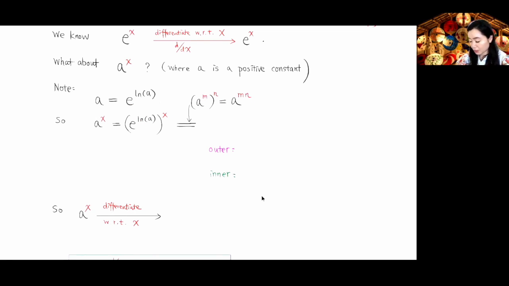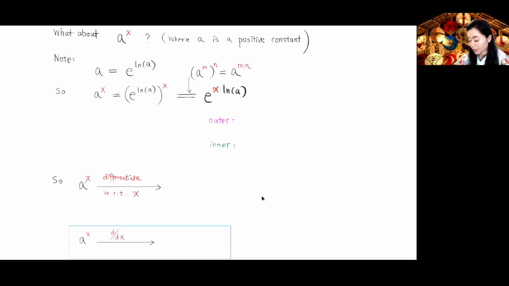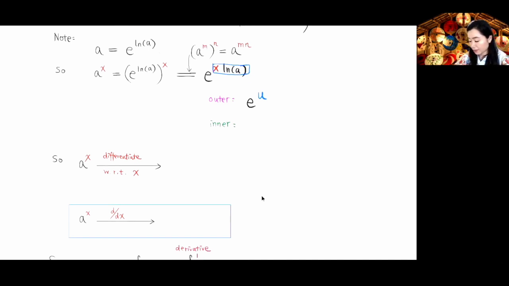So this is going to become e to the x times ln of a. Now this is a composite function. The outer function is what? E to the, think about this part right here as a single variable u, so e to the u. And then the inner function will be x times ln of a.